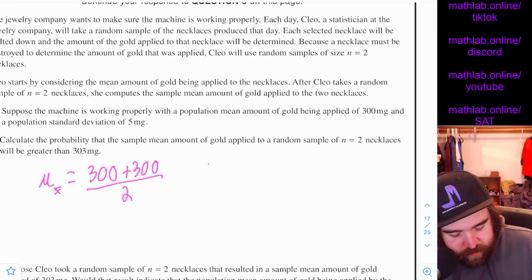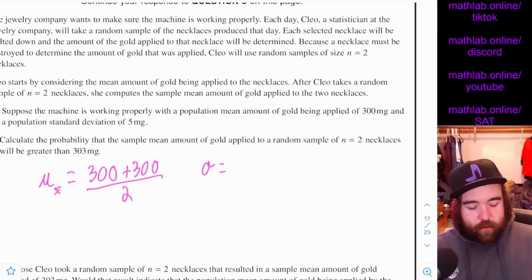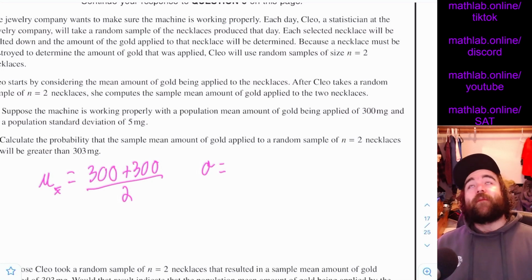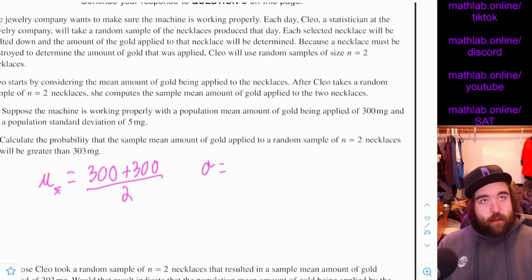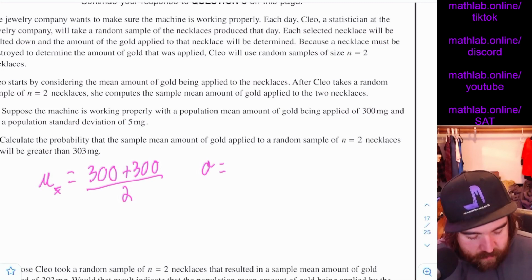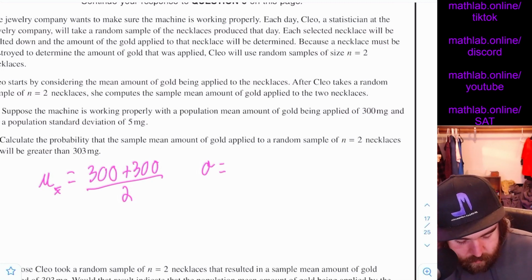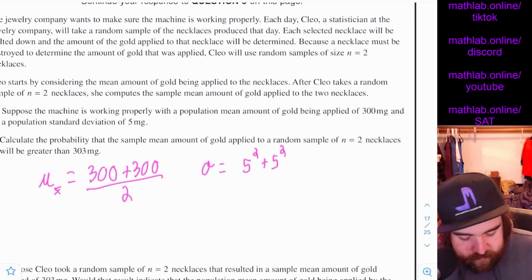Yeah. And so then to get the standard deviation, you have to do the same thing, except to add them, you have to square them and stuff, don't you? You can't just add standard deviation. You have to do 5 squared plus 5 squared. Oh, right.